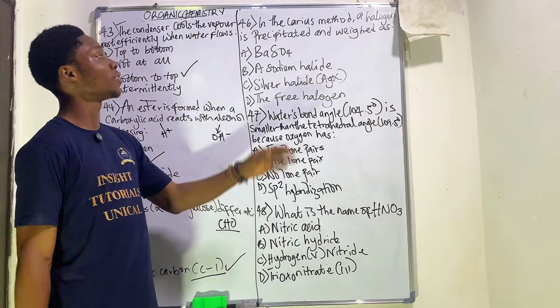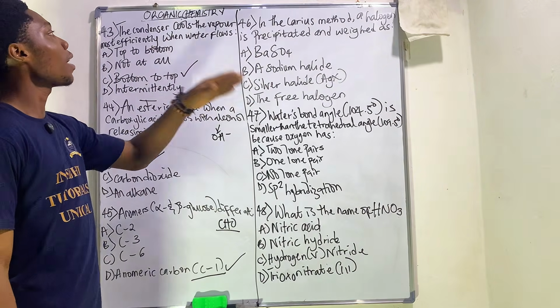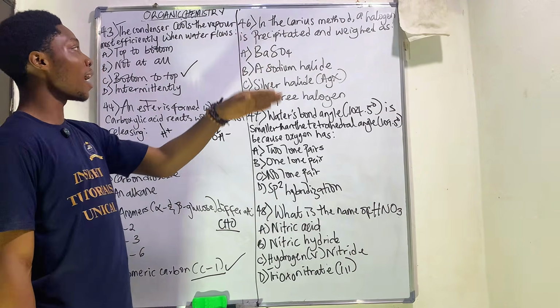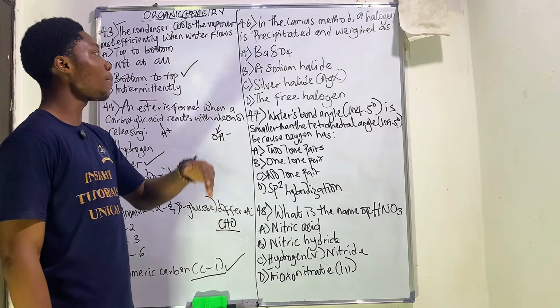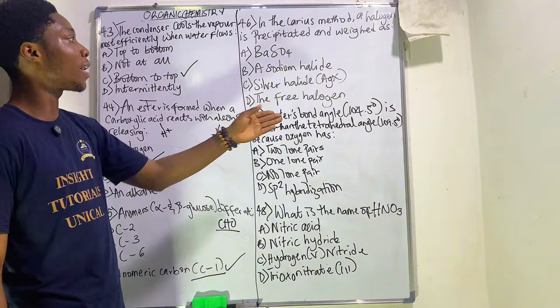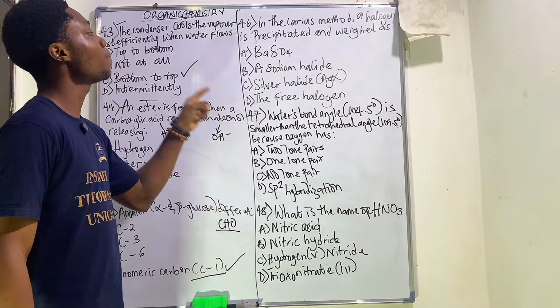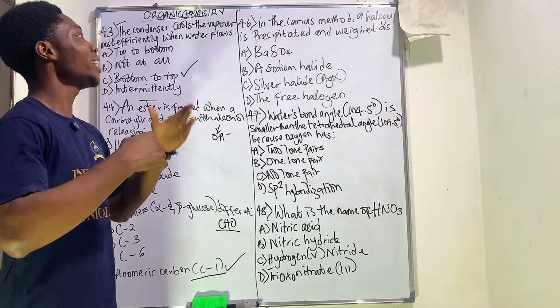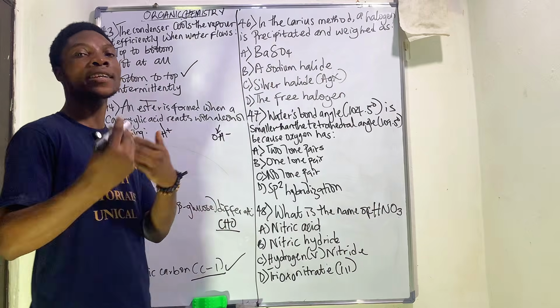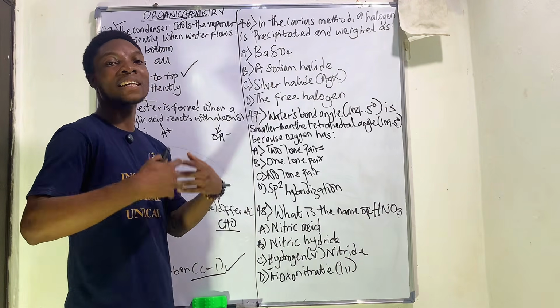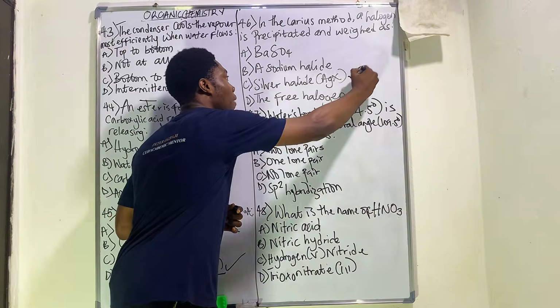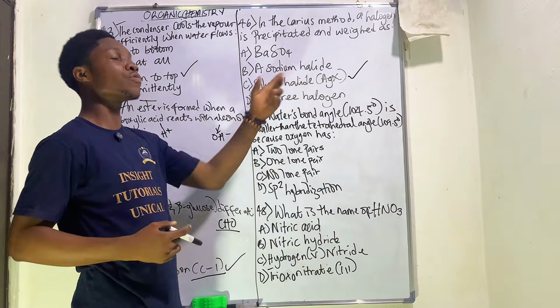Alright, so next question. In the Carius method, a halogen is precipitated and weighed as A, barium tetraoxosulfate 6, B, a sodium halide, C, silver halide, that's AgX, and D, free halogen. Now, in the Carius method, we use silver nitrate to decompose the organic compound, and then it's going to form silver halide, AgX, where X represents the halogen.